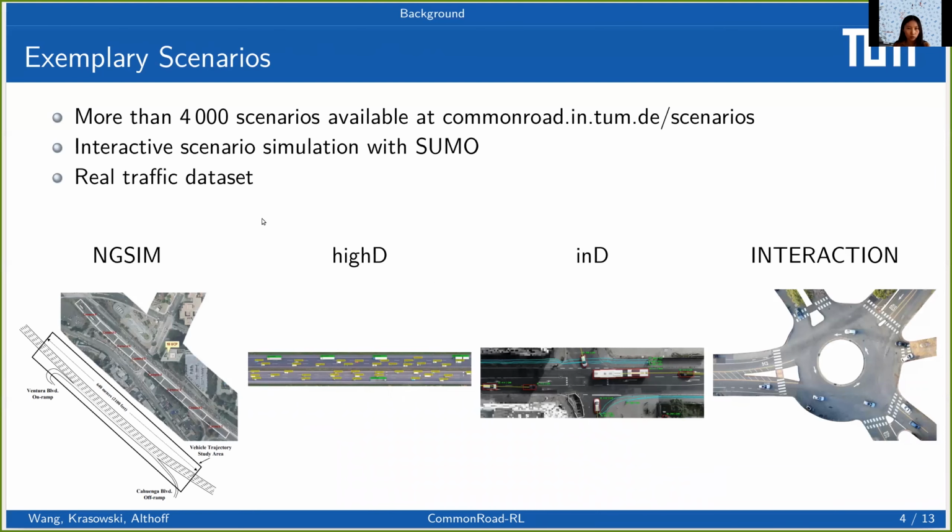In addition, we provide converters to transfer popular traffic datasets to CommonRoad format. Since some of the datasets are publicly available for academic purpose only, currently we support NGSIM, HighD, inD, and the interaction dataset. We will continuously develop converters for more popular datasets.